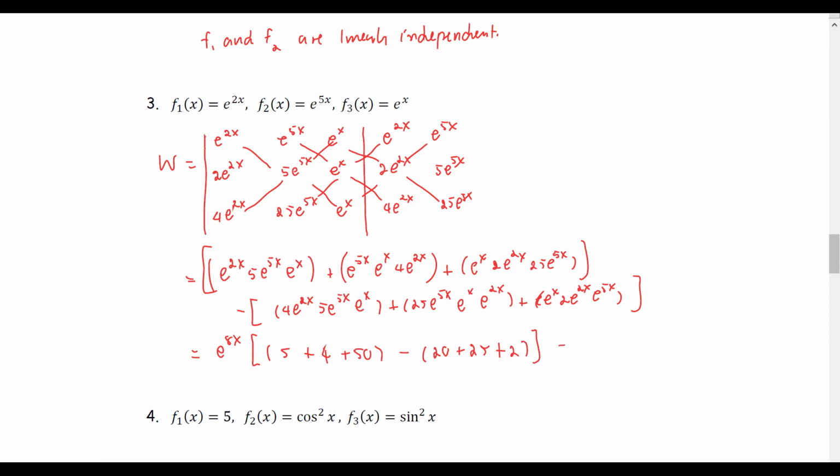And then simplify to be 12 e to the 8x, which is not 0. That tells us f1, f2, f3 are linearly independent.